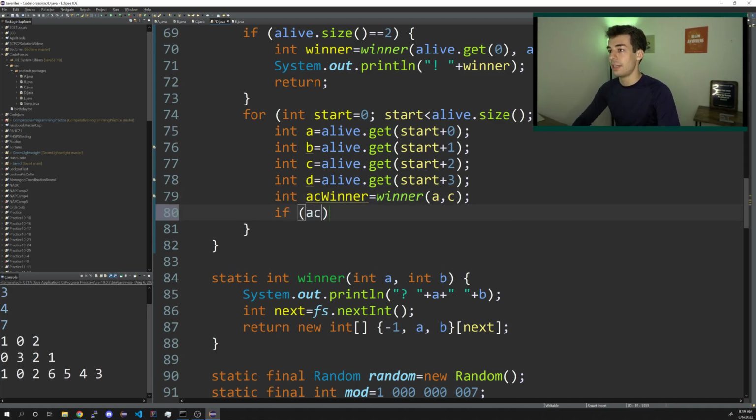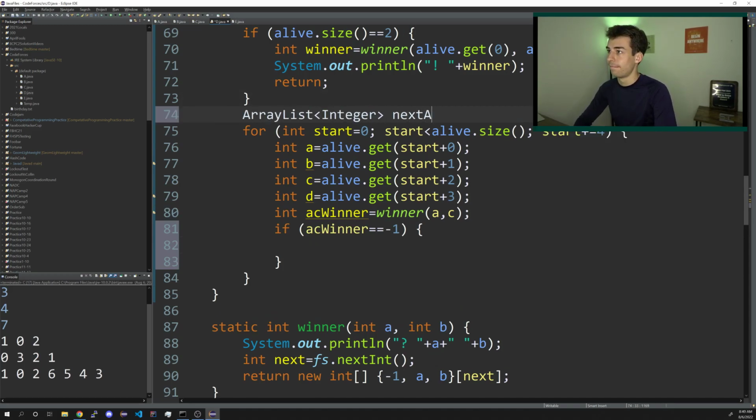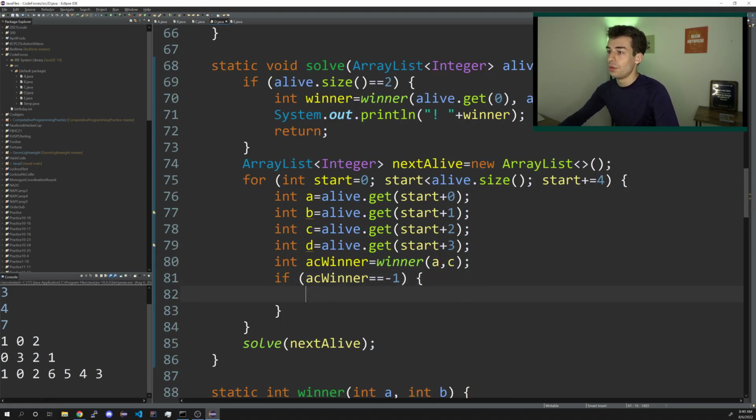Okay, so if AC winner equals -1, then solve this. What do we do here? So this winner is -1. Then next alive.add winner of, oh, what if it's -1? Okay, int next winner, well, it won't be.